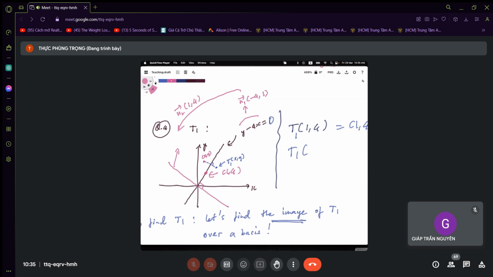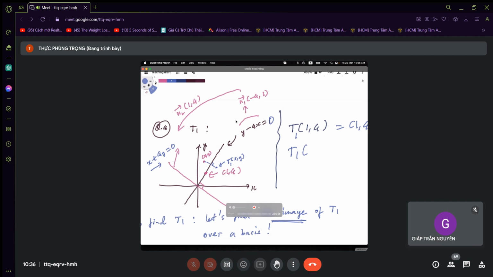So the equation right here is x plus 4y equals 0. Is that right? The line right here that we say is perpendicular to this is x plus 4y equals 0. You can find this one, right? This is just from high school geometry.